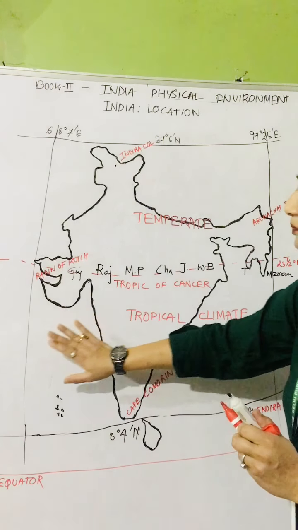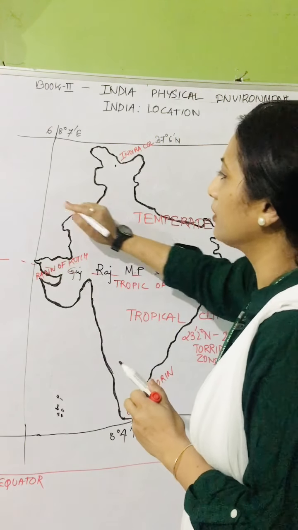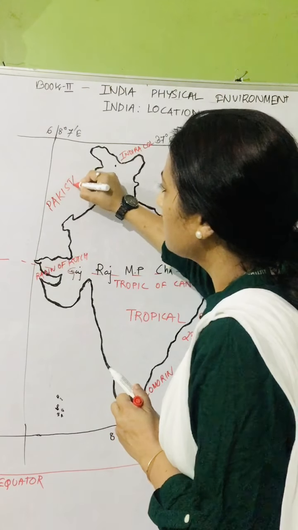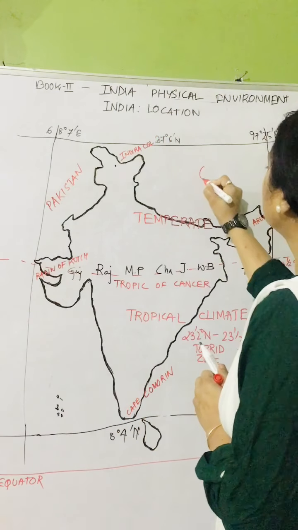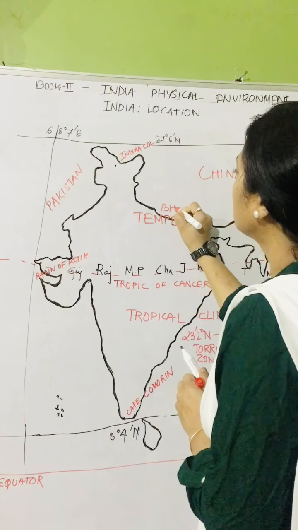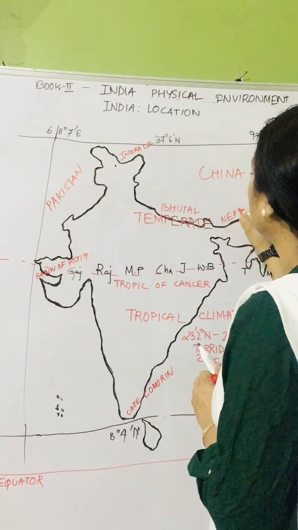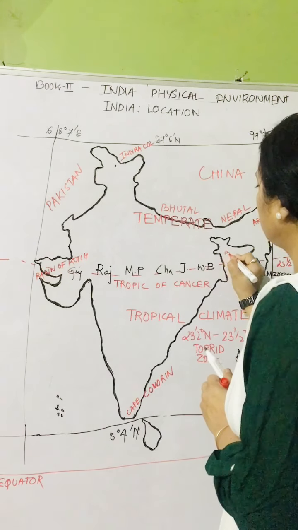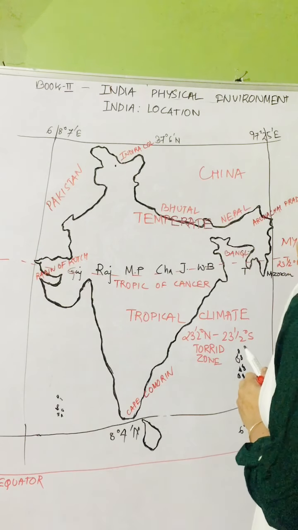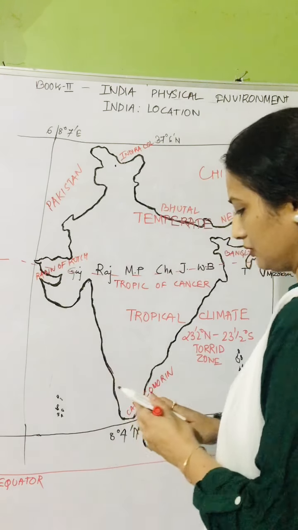Now if we talk about our country's borders, India shares land borders in the west with Pakistan, in the north with China, Bhutan, Nepal, Bangladesh, Myanmar, and in the vicinity of this there are three water bodies.